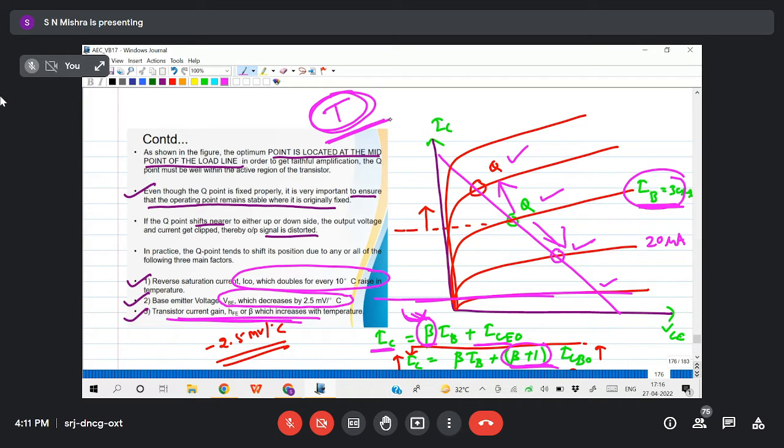The main culprit is temperature, and I cannot control the temperature, because wherever we design any circuit or purchase any electronics equipment, some standard things will be written there. Rating: it should operate at room temperature, maximum current, maximum power, maximum voltage, everything will be written.